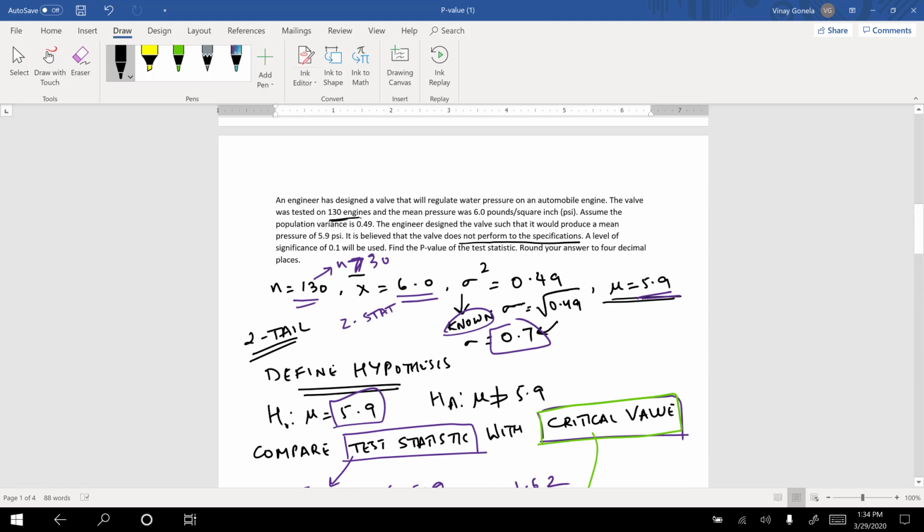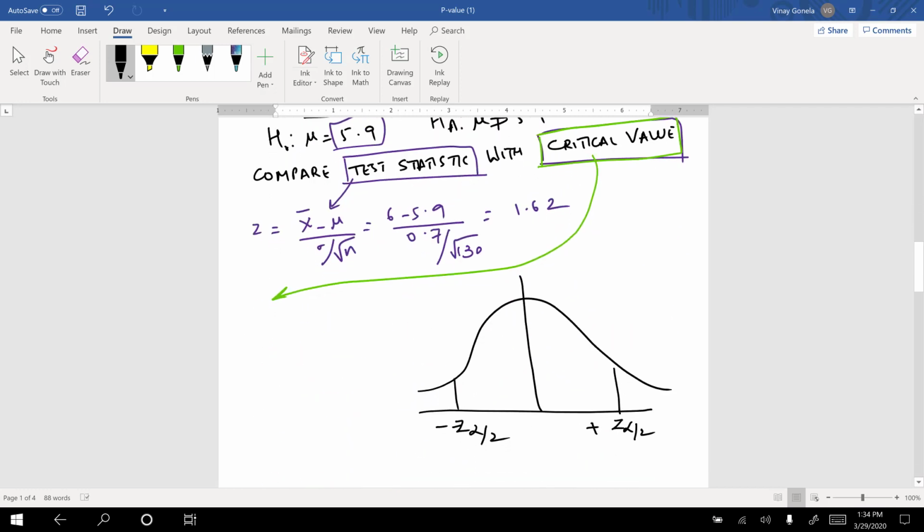So they gave us a significance level of 0.1. So our alpha is 0.1. I wanted alpha over 2. So alpha over 2 would be 0.1 over 2.